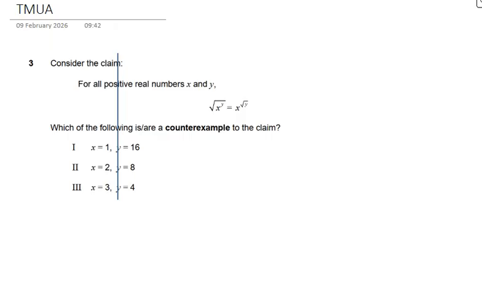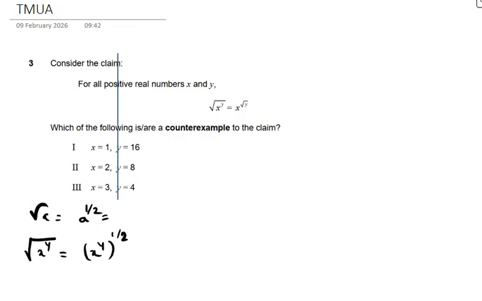So first let's simplify the left side. We know root a is equal to a to the power 1/2. So root of x to the power y is equal to (x to the power y) whole to the power 1/2.